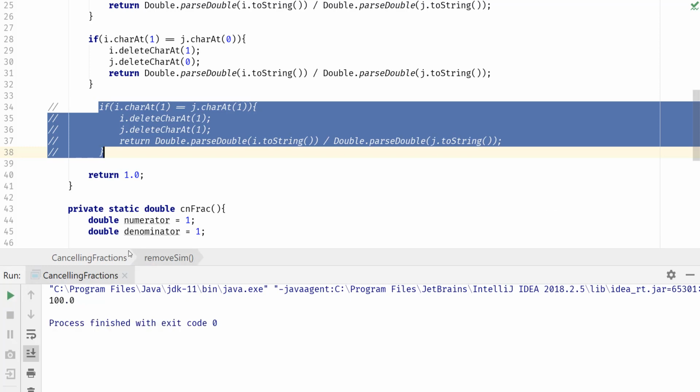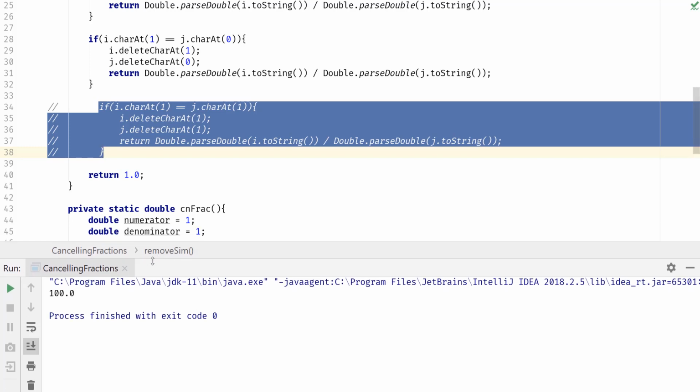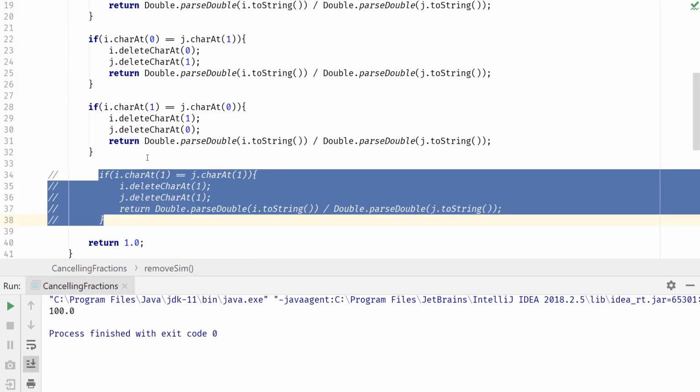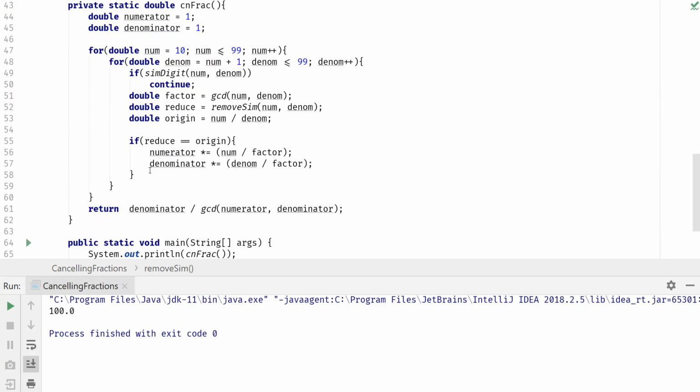So I was saying that some of the checks in this process are not quite needed, because of the way that I wrote the functions. The reason I have it in here is that I want to show you a visual way of seeing this problem, so that you can think about it and say, can I optimize this even further? So let's go ahead and look at the runtime for this.